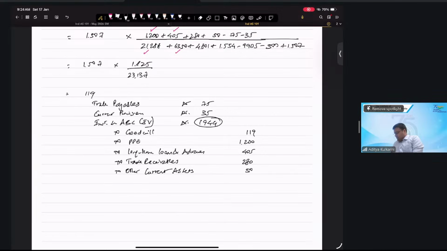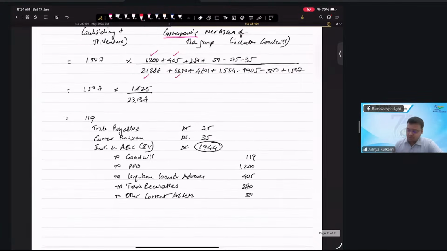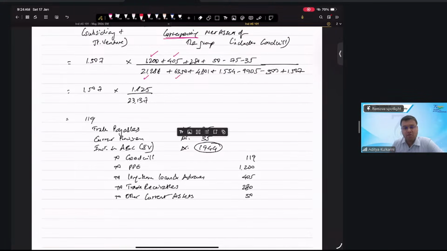Okay. Fine. Now, a couple of points. You have noted down the journal entry? Yes, done. Now, first of all, if I have to find out goodwill on a proportionate basis, I cannot include goodwill in the denominator.